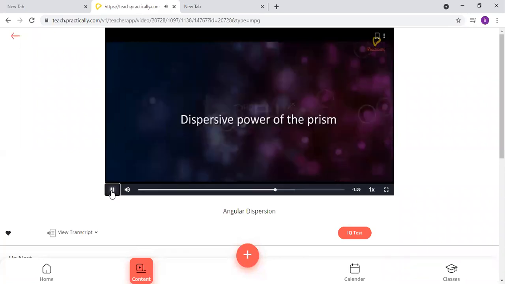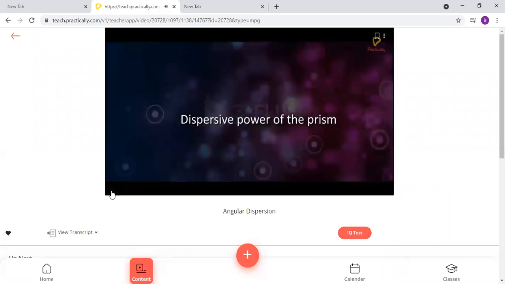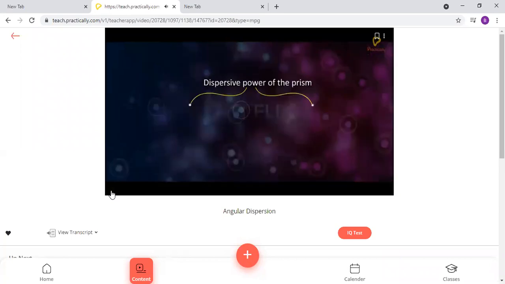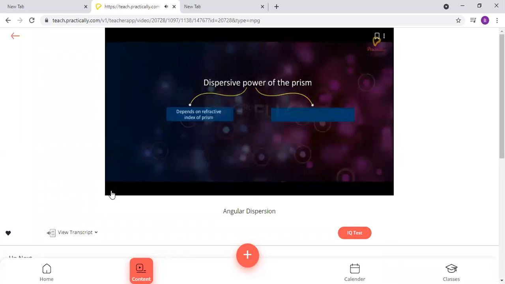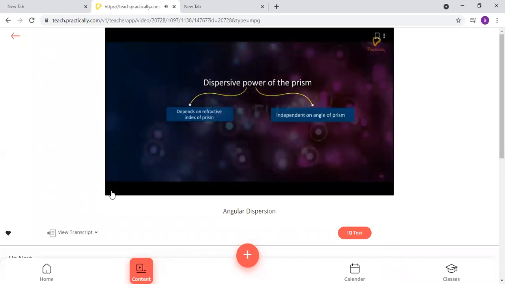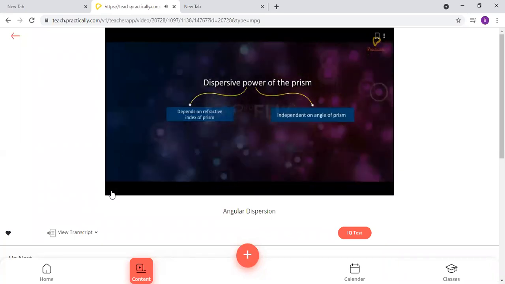Hence, we can say that dispersive power of the prism depends on the refractive index of the prism, and it is independent of the angle of the prism.